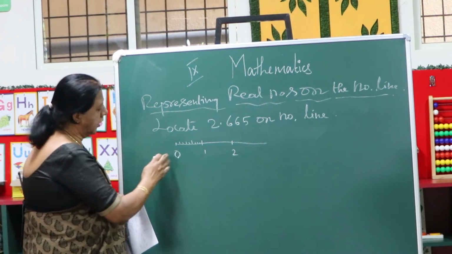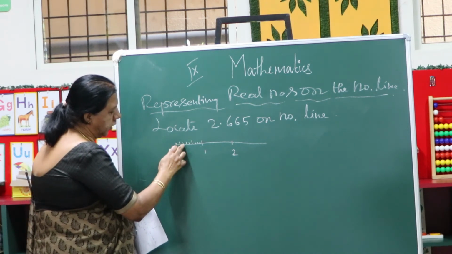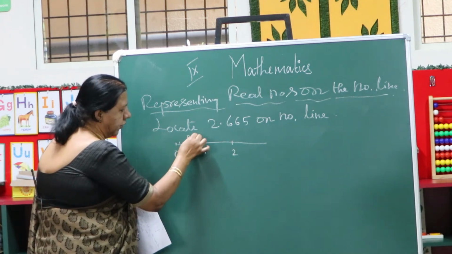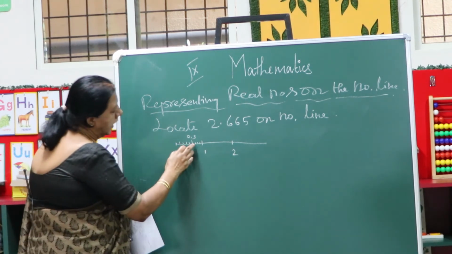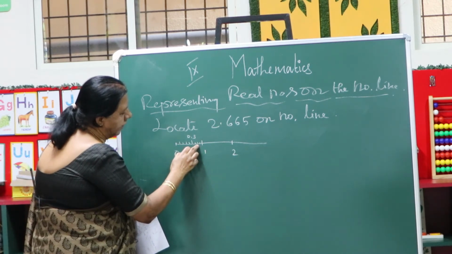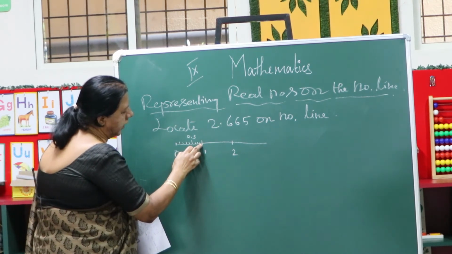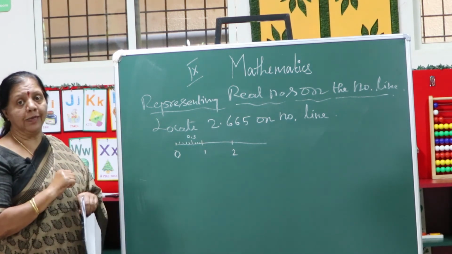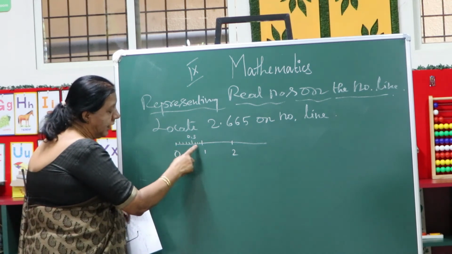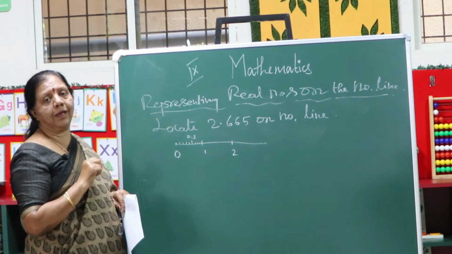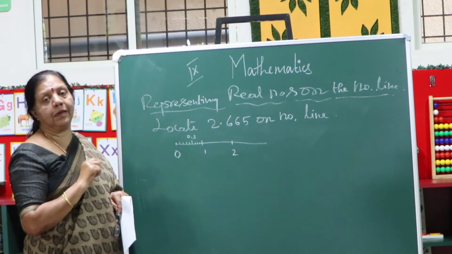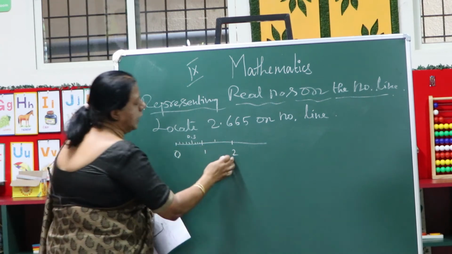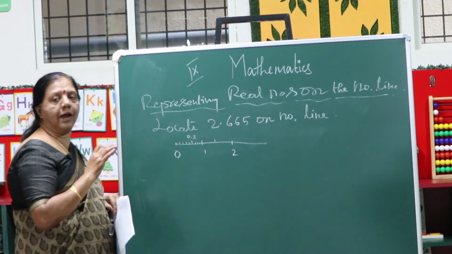How to read this one? 0.1, 0.2, 0.3, 0.4, 0.5, 0.6, 0.7, 0.8, 0.9, 1. This is the way you have to read out. So 0 to 1, 10 lines are there. That indicates decimals. Here you go 1, 1.5, 2, then 2.5, 3. Like that you are doing.